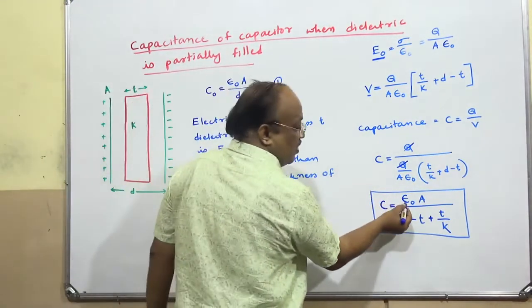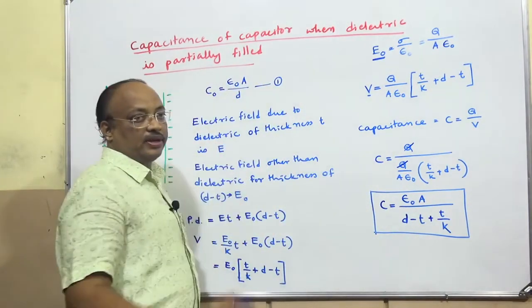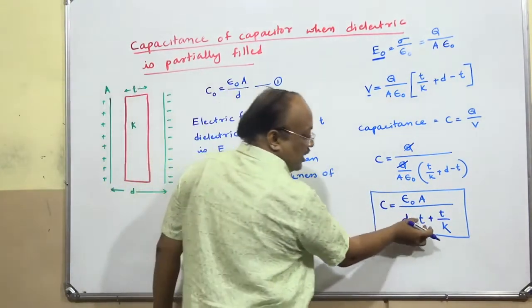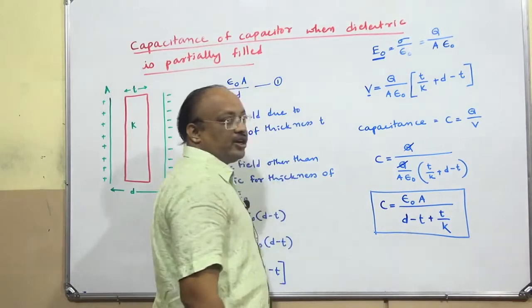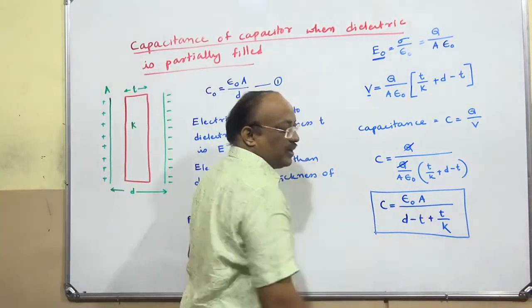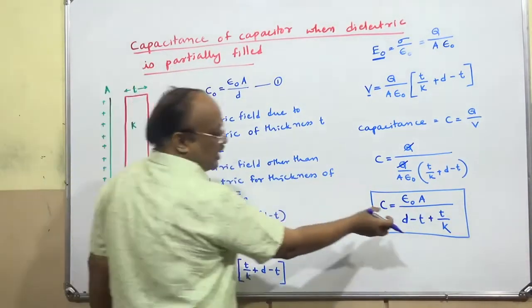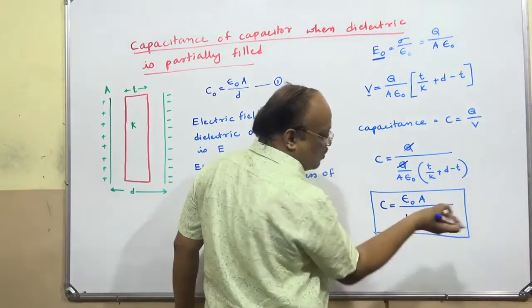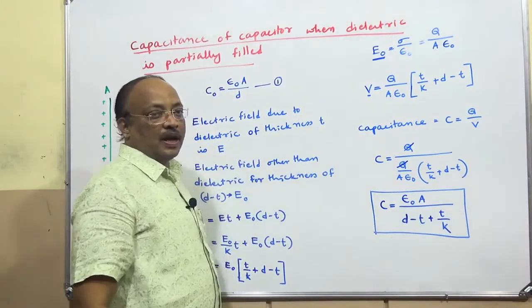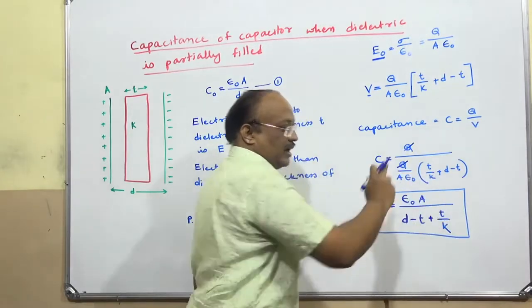Initially it is epsilon naught A by D when there is no dielectric. If a dielectric of thickness T is introduced, what happens? That much thickness of air you are removing, and you are adding a dielectric.